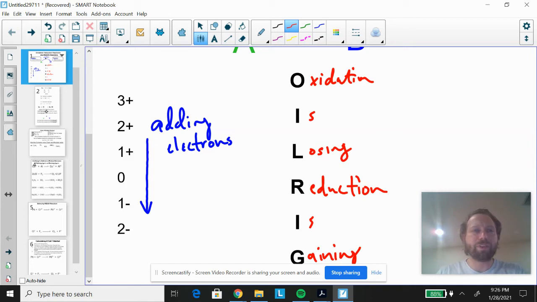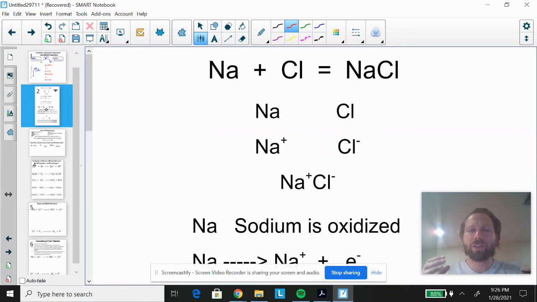So let's look at an example of this in a real reaction. One of the most foundational reactions that we can talk about is the formation of salt, NaCl. And one thing to note, Na and Cl can be completely without a charge. We talk a lot about them being charged, but before they are charged, they're actually neutral.